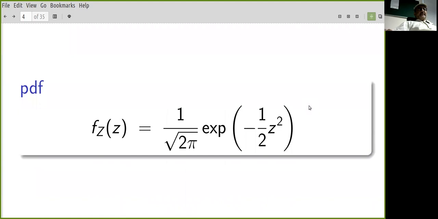The traditional notation for the standard normal is capital letter Z. So the PDF is of the form 1 over root 2 pi exponential minus 1/2 z squared.